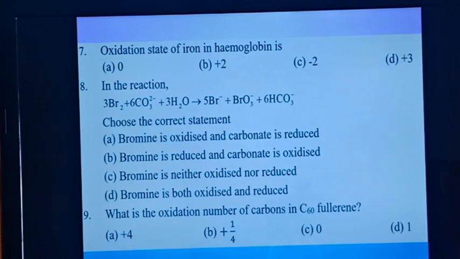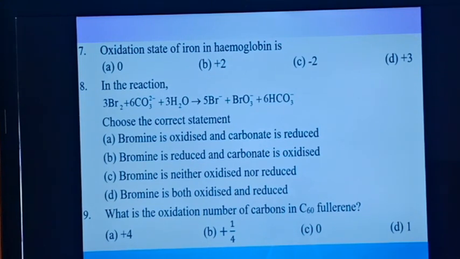Question number 9. Just see the screen. What is the oxidation number of carbon in C60 fullerene? Information about fullerene will be given in the p-block elements. It is a type of carbon compound containing 60 carbon atoms.